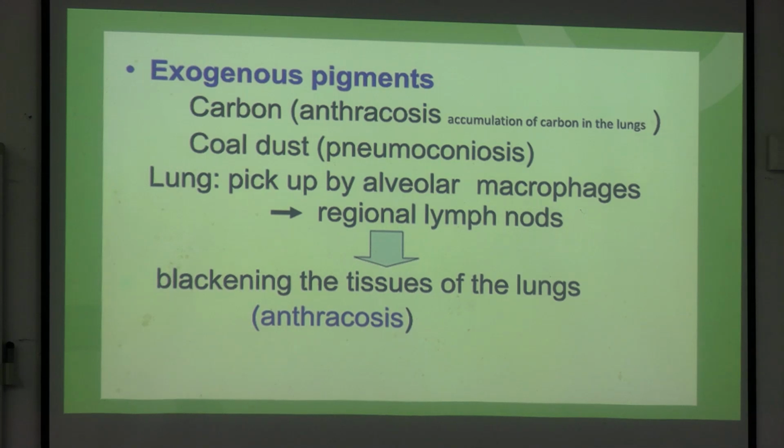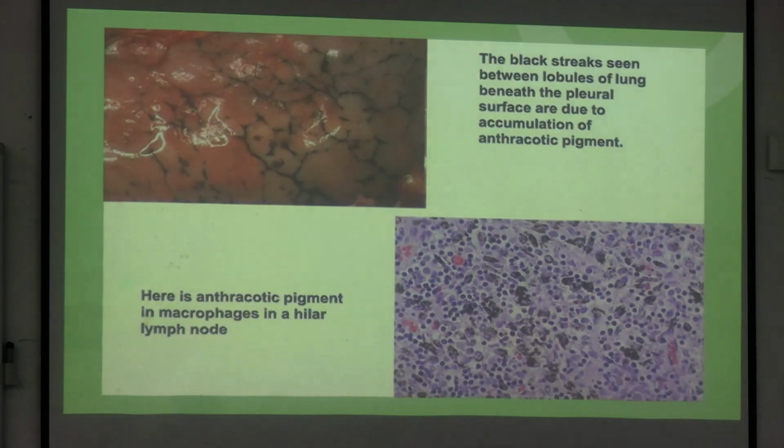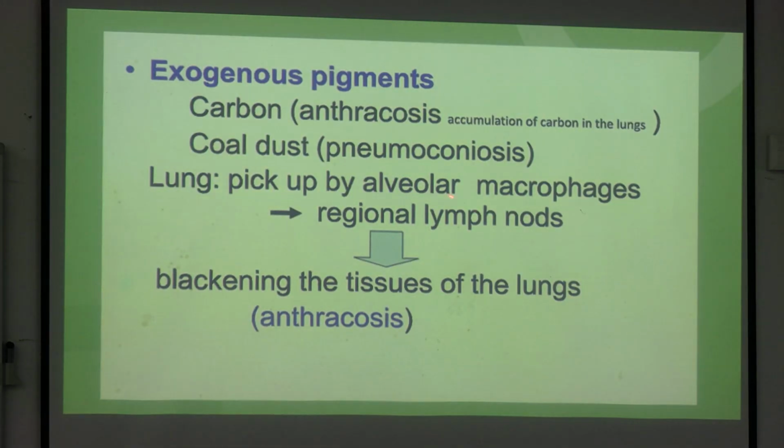So those are the cases of pneumoconiosis and anthracosis, okay. The lung picks up by alveolar macrophages and regional lymph node, and blackening of the tissue of the lungs is called anthracosis.